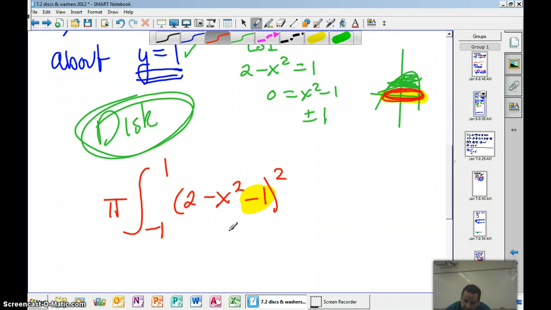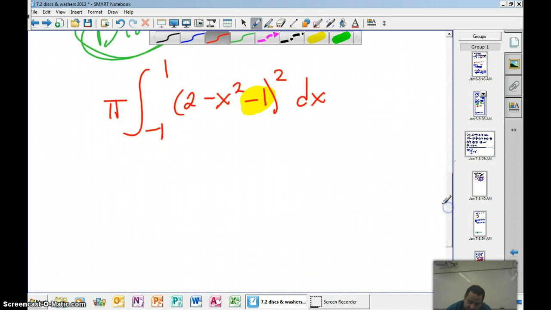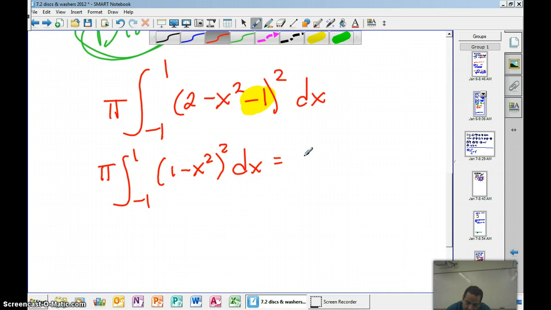This becomes 1 minus x squared dx. And this becomes pi, -1 to 1, 1 minus x squared dx, quantity squared. And that's going to be, inside, something crazy like 1 minus 2x squared plus x to the 4th dx.